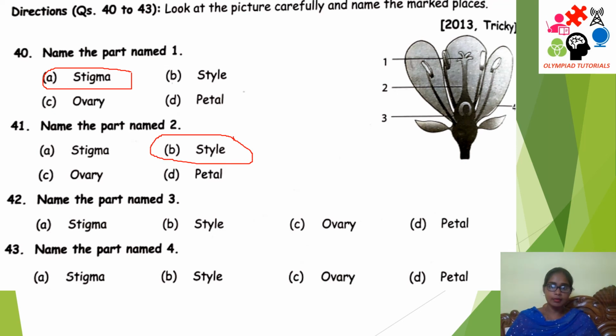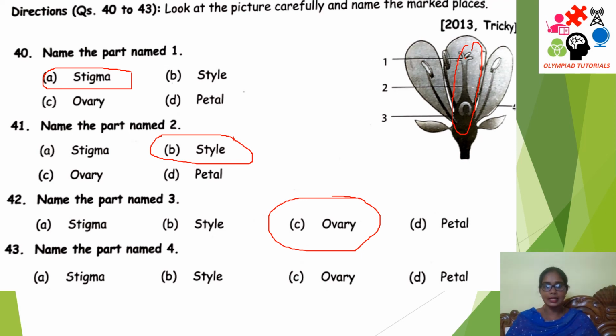Below the stigma there is a tube-like structure that is called a style. This entire structure is a female part of the plant. Now name the part number 3. So number 3 is the ovary. Stigma, style and ovary are the parts of the female flower, or you can say the female part of the plant.